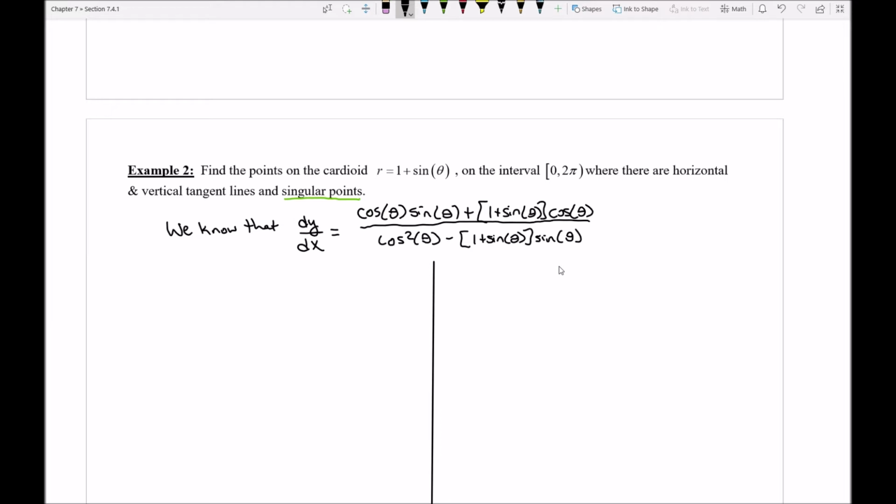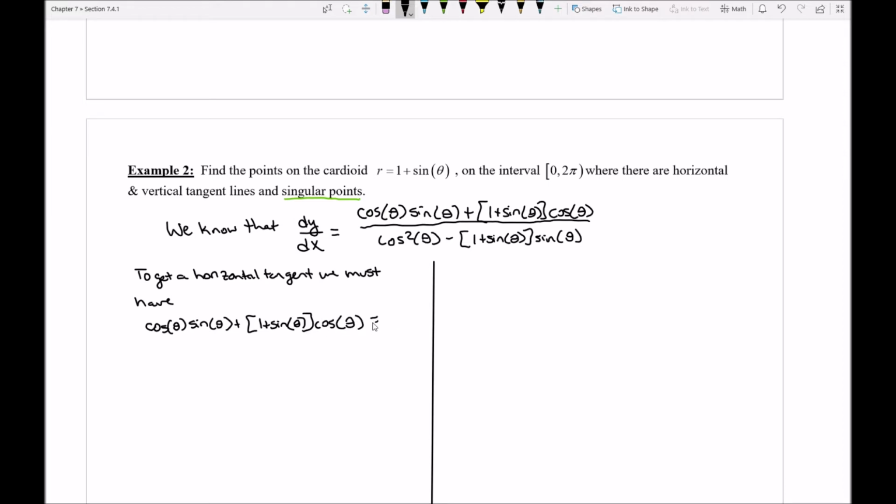So when I take a look here at a horizontal tangent line, I know it's a tangent line with a slope of 0, and that would mean that my numerator up here would have to equate to 0. So over here, I'll state to get a horizontal tangent, we must have that numerator, that cosine of theta, sine of theta, plus the quantity 1 plus sine theta, which is multiplied to the cosine of theta.